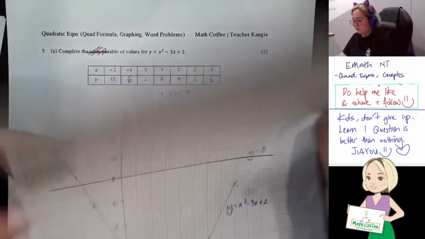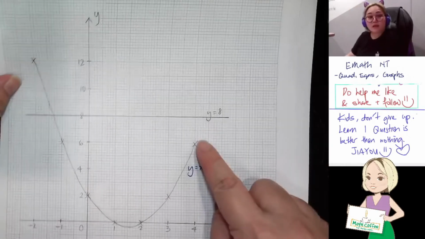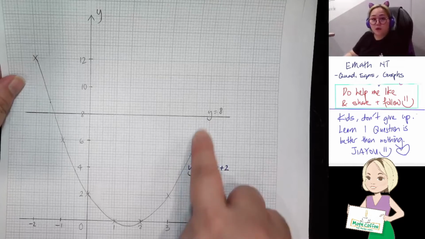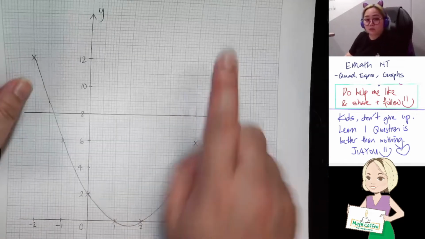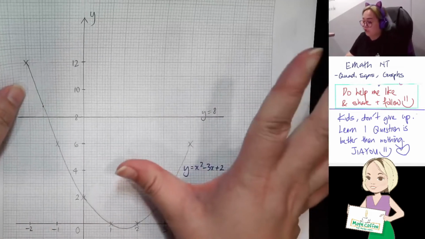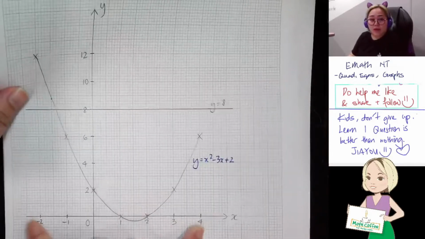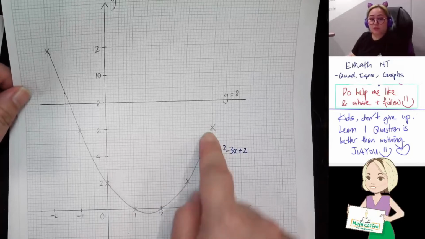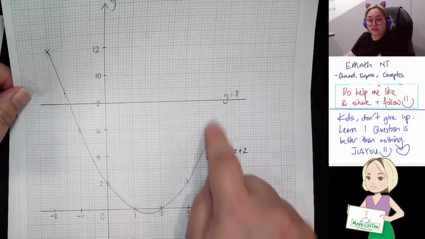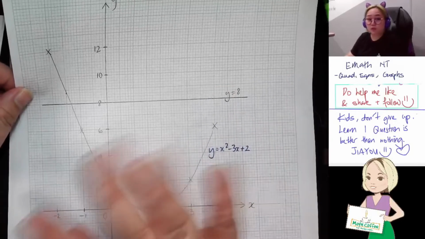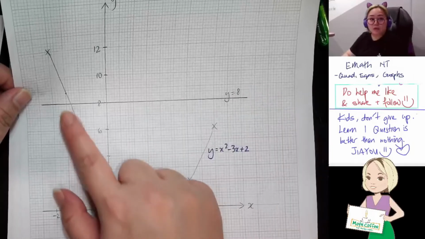So this graph, you need to extend. You can see that this curve goes upwards. Take note, if they give you a range, for example if they tell you to draw only from minus 2 to 4, then I would draw up to here already, but if they give you a range, you do not extend, so you only have one solution.